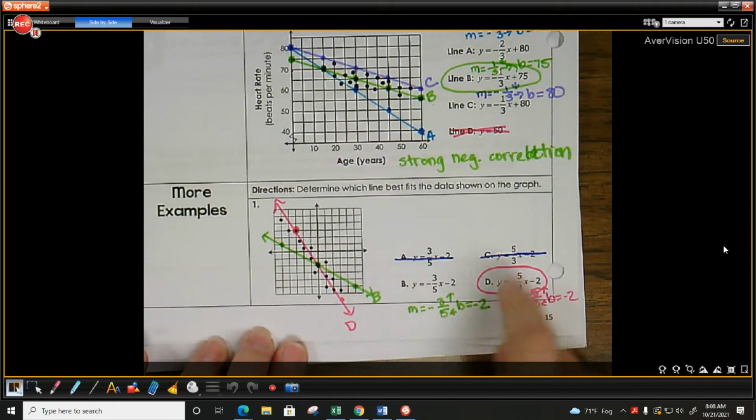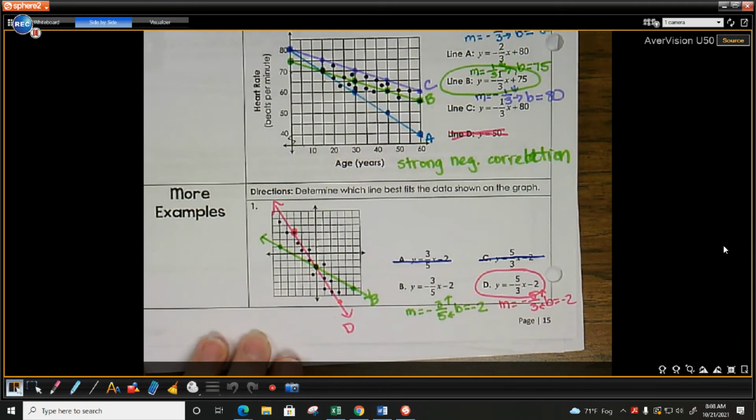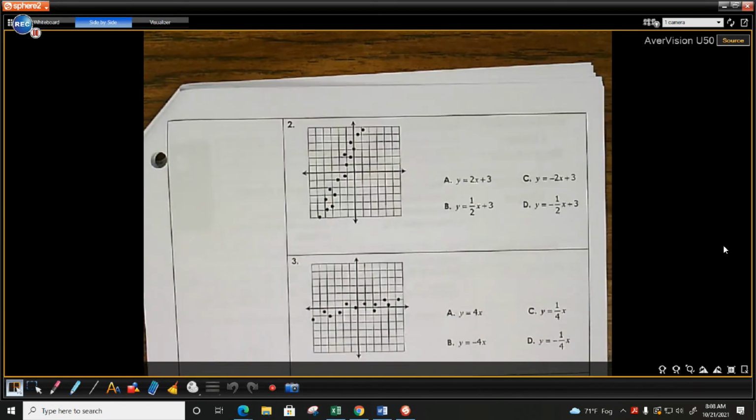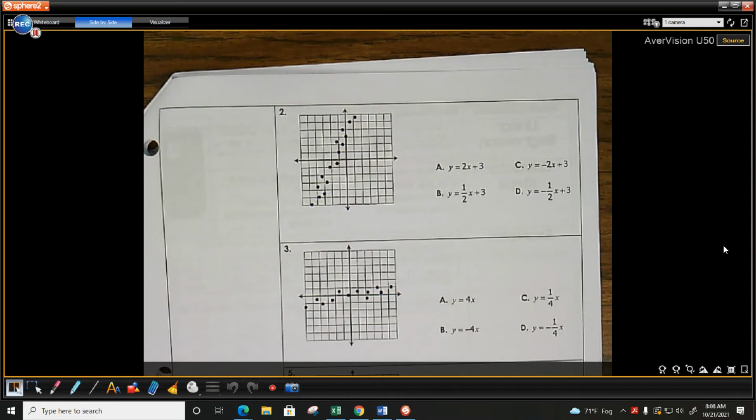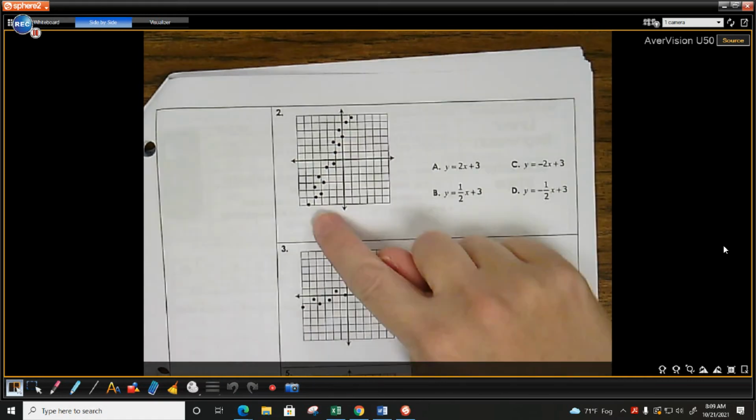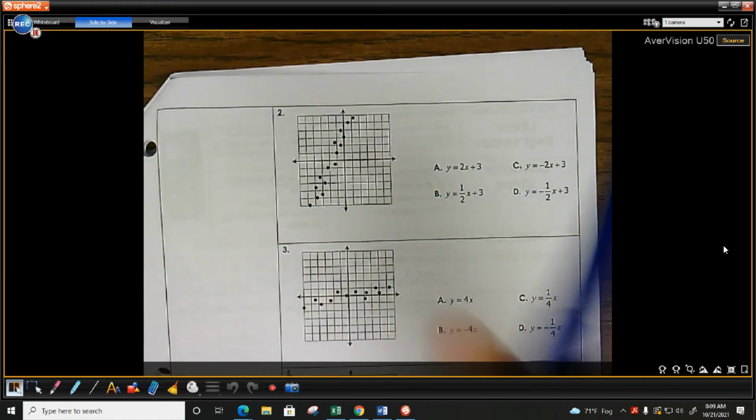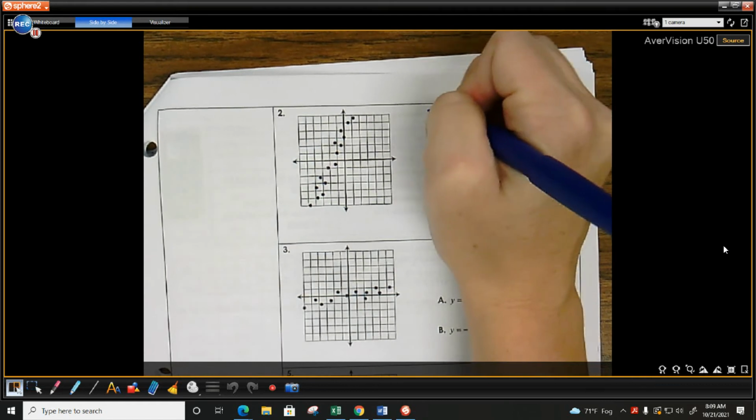Okay, let's look at number 2. Always start to eliminate answer choices. What kind of slope is this? Positive or negative? Positive. Okay, it's going up, so this is positive. Which answer choices can I get rid of?